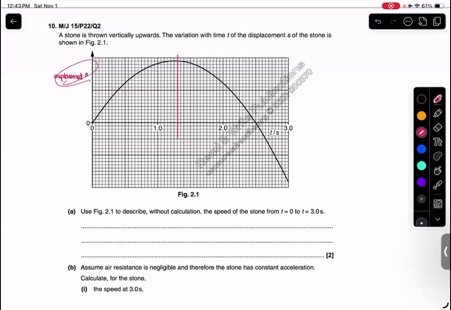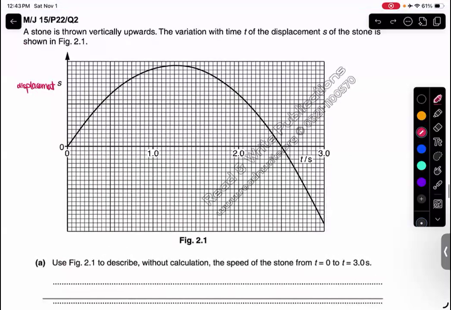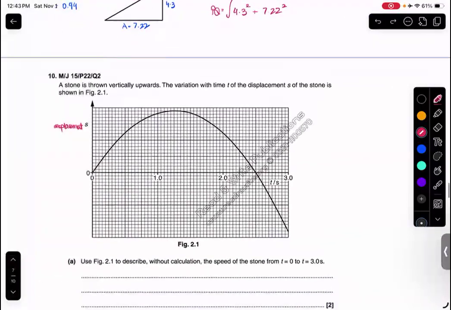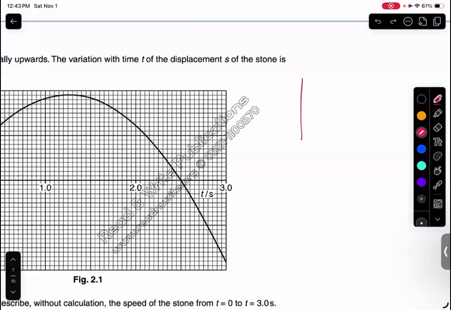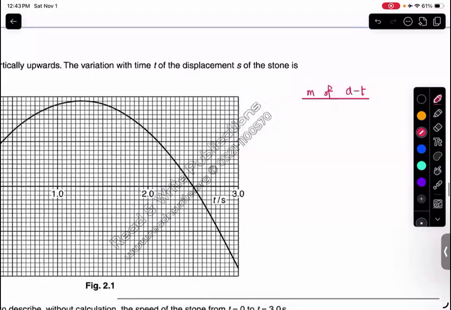It's a displacement time graph. What does this peak indicate? What do you think? Kaima, do you remember? Oh, one thing else. Do you remember what the slope of a displacement time graph told me? What was it? Do you remember?